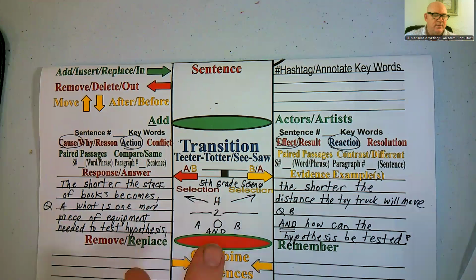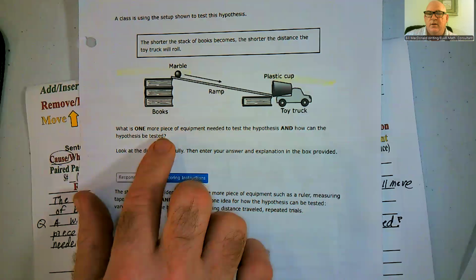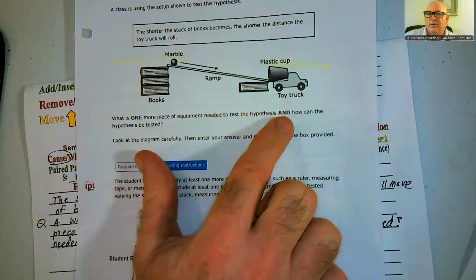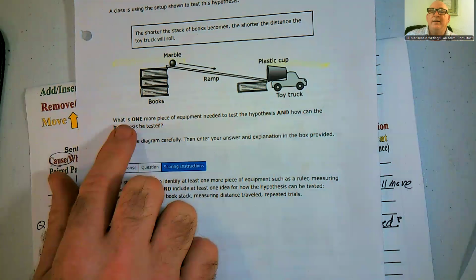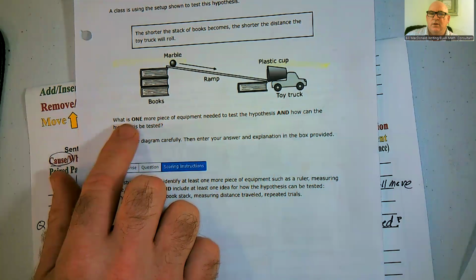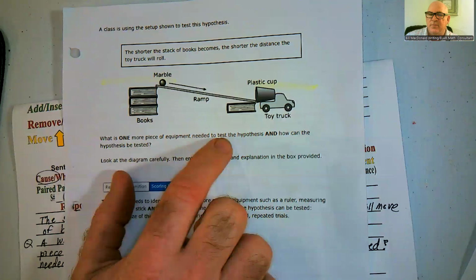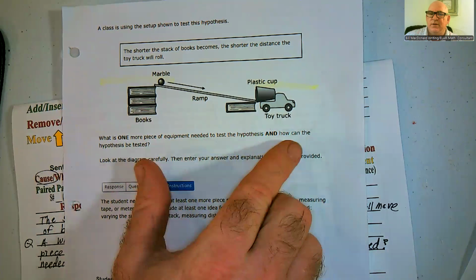Okay. Then they decide to ask a who, what, when, where, why, and or how. Because it's worth 2 points, your kids are going to see that word in bold. What is one more piece of equipment needed to test this hypothesis? And how can it be tested?